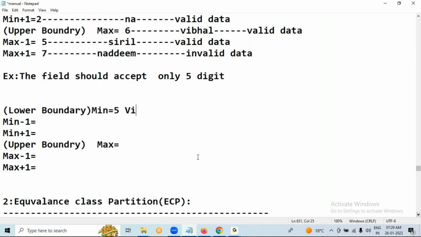Guys, everybody please discuss. Don't be quiet. So that's very confusing to me. It says should accept only 5 digits, then it says minimum five.